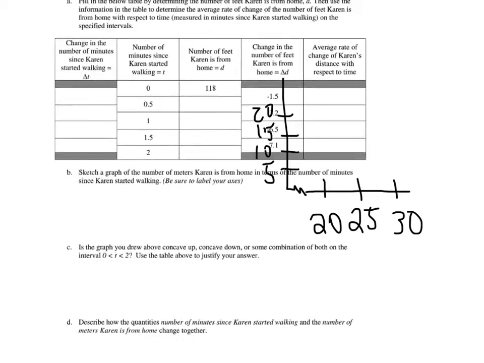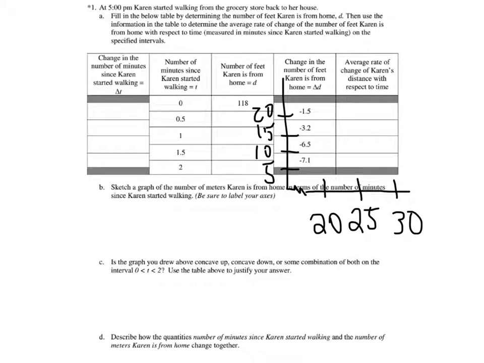In Part C, it asks you to describe the shape of the concavity of the graph that you just drew in the previous part. You should draw on your understanding that you developed in Module 5, Investigation 1, as you think about this part. Then, Part D asks you to specifically describe how the two quantities in the problem change together.